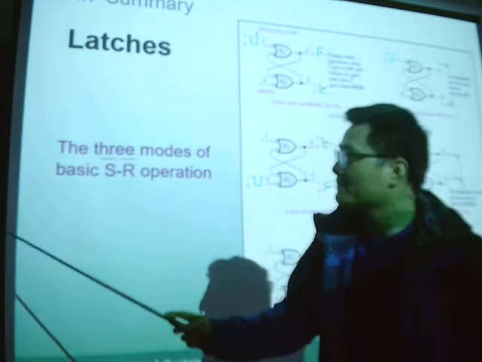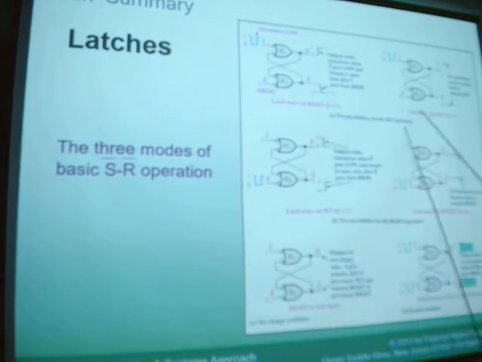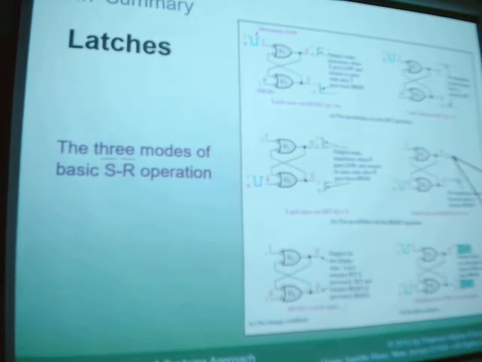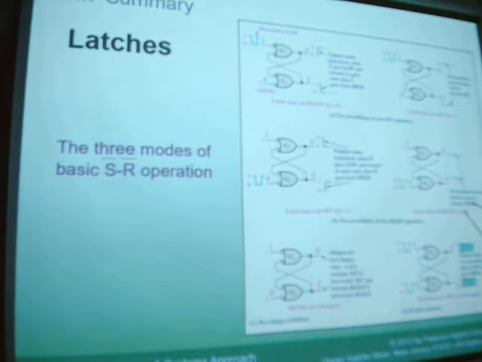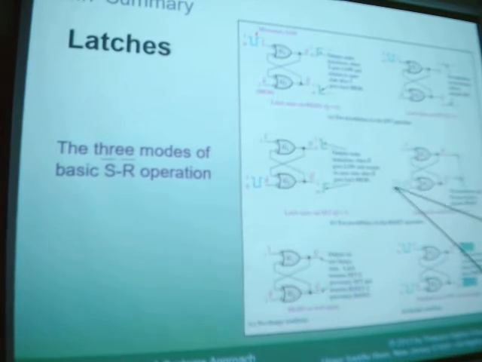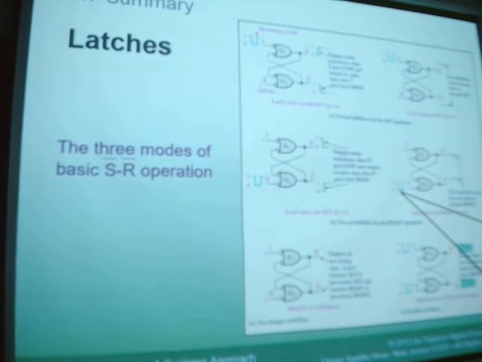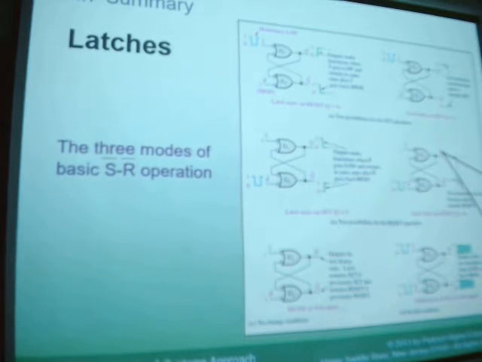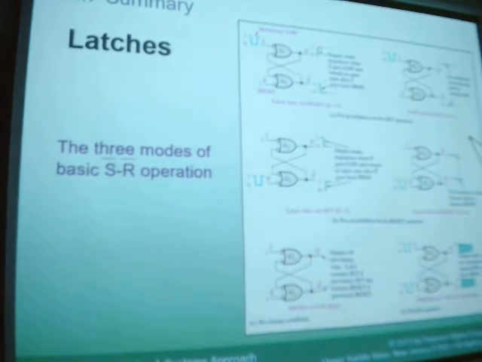Q bar will be 1. So the value will remain 0. Right? Initial value is 0, and if R bar equals 0, then the output Q will also be 0. Right?